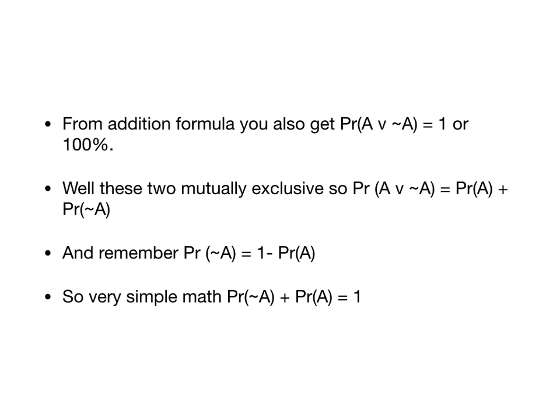So the probability of A or not A equals the probability of A plus the probability of not A. And remember, the probability of not A equals 1 minus the probability of A. We do some super simple math: probability of not A plus probability of A equals 1. This statement, A or not A, is always true. In logic, they call this a tautology. It's just always true by definition.